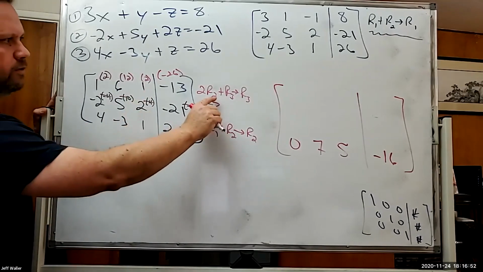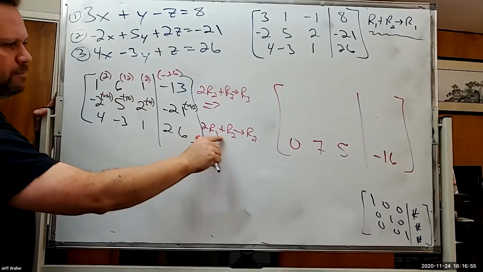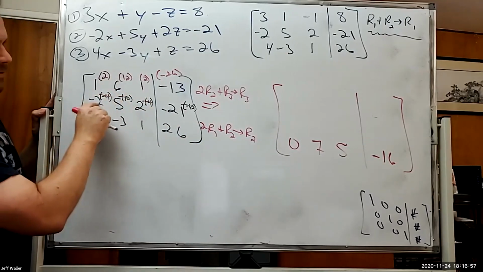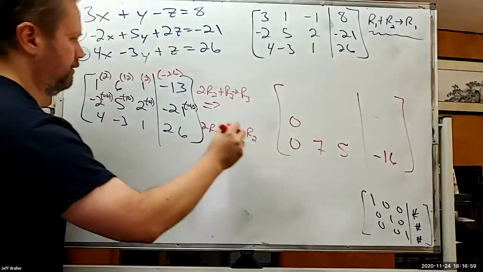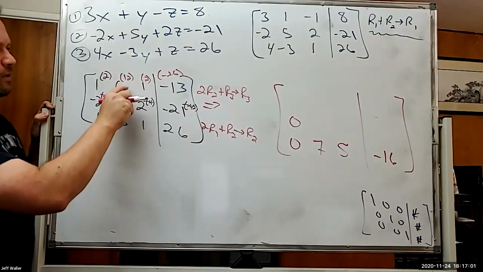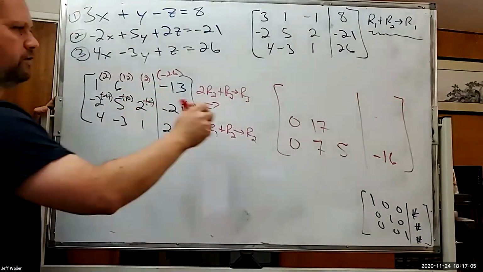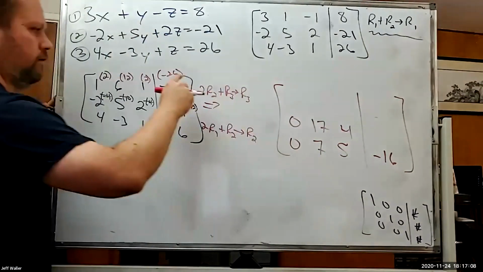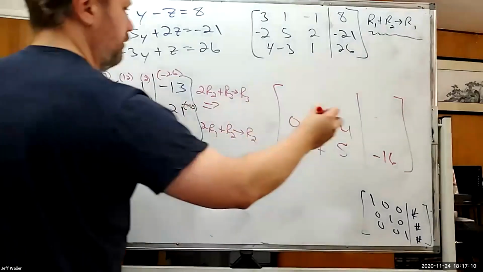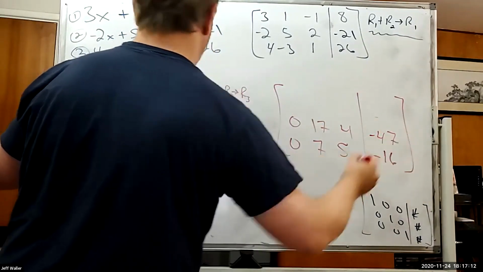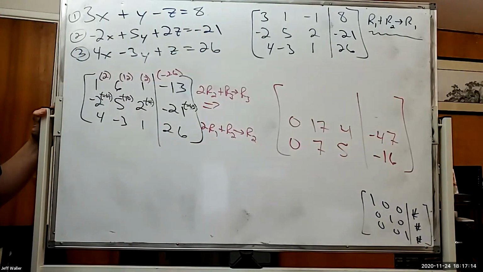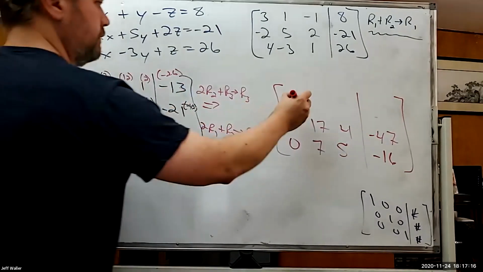And then I can do that plus row 2. So then I get 0. Please yell out the minute I lose you. 12 and 5 is 17. 2 and 2 is 4. Negative 26 and negative 21 is negative 47. Crazy. And then the first row is the same.